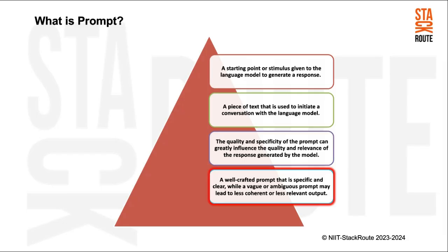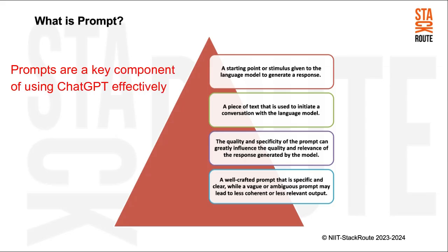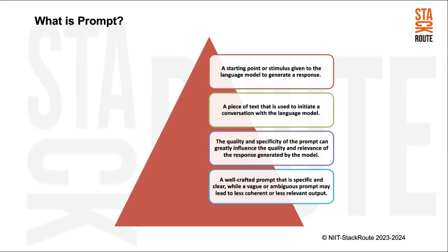A well-crafted prompt that is specific and clear can help the model generate a more accurate and relevant response, while a vague or ambiguous prompt may lead to less coherent or less relevant output. Overall, prompts are the key components of using ChatGPT effectively and can help you get the most out of this powerful language model.